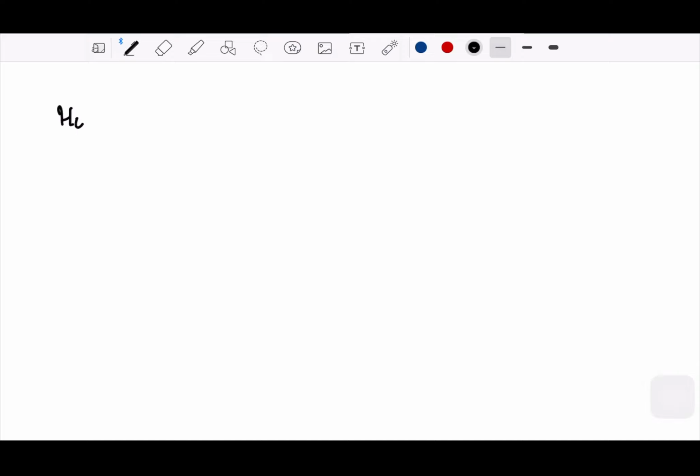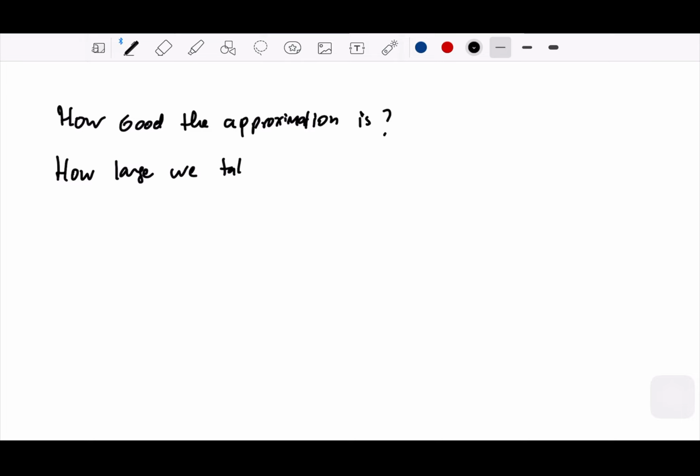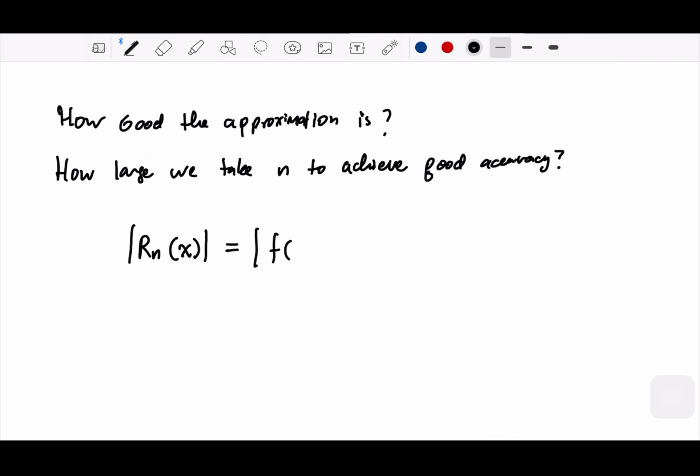How good the approximation is, and probably also how large we take n to achieve good accuracy or your desired accuracy, will be determined by the remainder, which is the difference between the function and the partial sum.